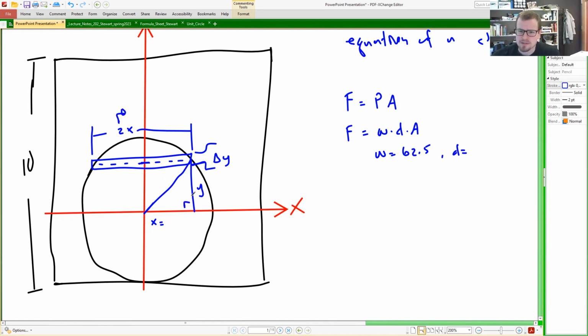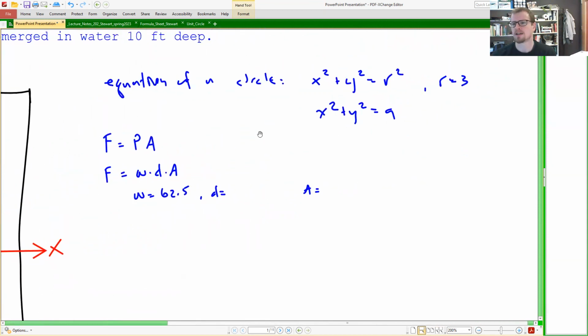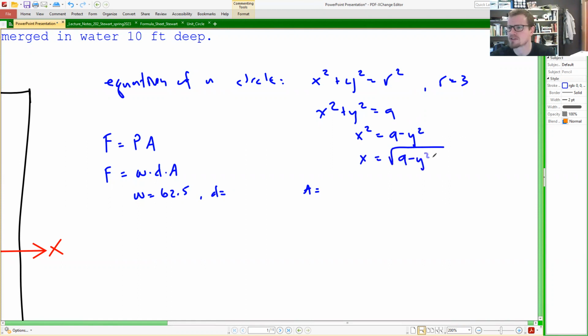All right, so of course, right triangle, whatever the y value is, what is the x? Well, we gave the equation for a circle right over here. So I can solve for x. I can subtract y squared from each side to get x squared is equal to 9 minus y squared. And then I can square root both sides to get that x is equal to the square root of 9 minus y squared.